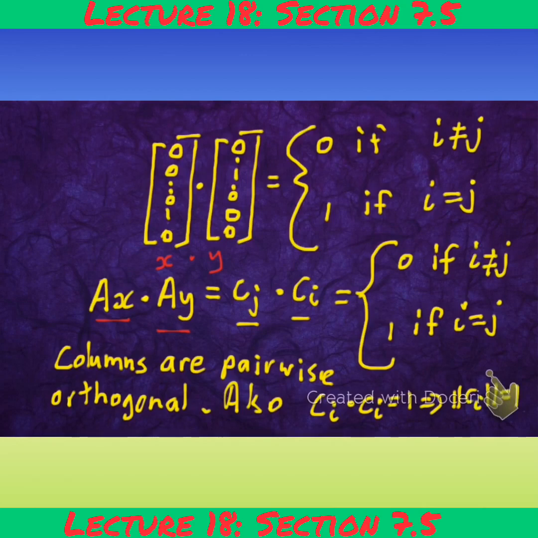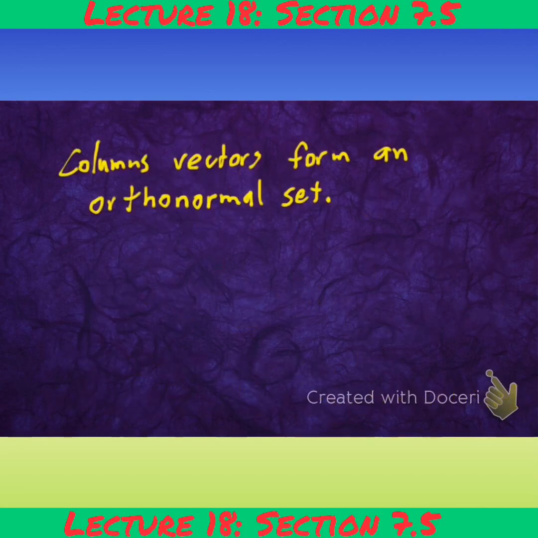Okay, so that means all the columns are normal vectors and they are pairwise orthogonal. So it's going to be an orthonormal set of column vectors. Right, so the column vectors form an orthonormal set, which is property 4.